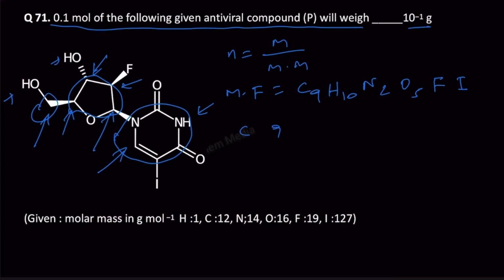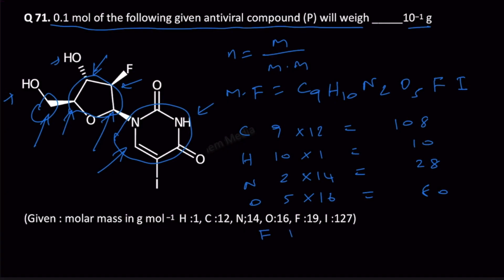So, now let us find out the molar mass. 9 times 12, that will be 108, and then hydrogen 10 times 1, 10, and then nitrogen 2 times 14, 28, and then oxygen 5 times 16, that would be 80, and then fluorine 1 times 19, 19, and then iodine 1 times 127, that would be 127.